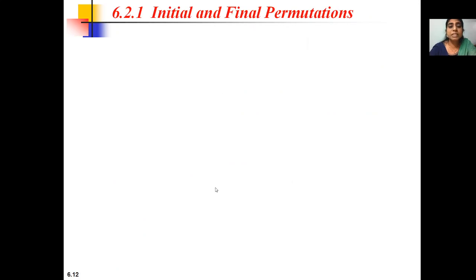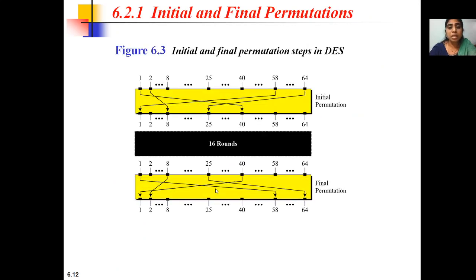In the initial permutation, the first value is given to 40 and the 58th bit is given to 1.